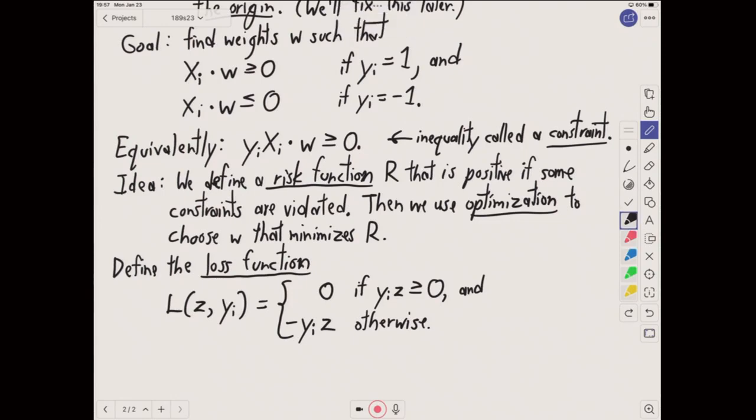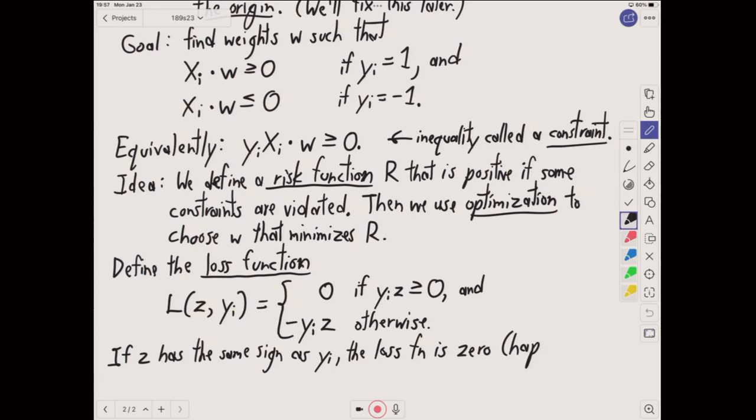All right, so just to reprise, if z has the same sign as yi, then the loss function is 0, and that means that we are happy. That's what we want.